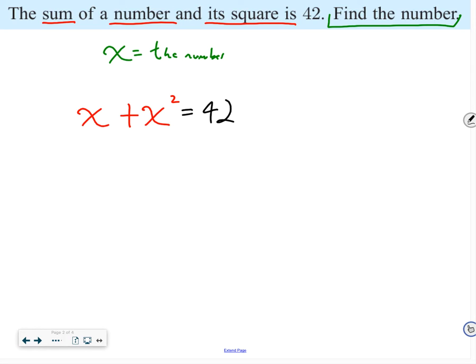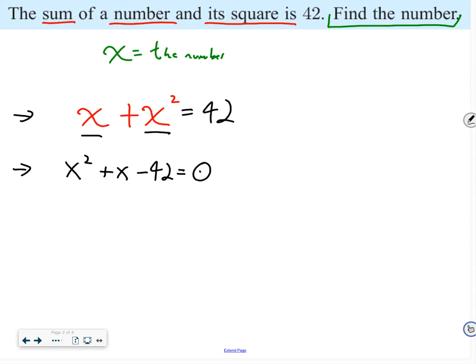I recognize it's a quadratic because I have an x squared term and an x term. So to solve this, I'm going to try and solve by factoring first. So I'm going to get everything on the left side. So I get x squared plus x minus 42 is equal to 0.